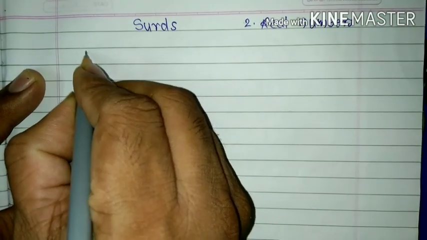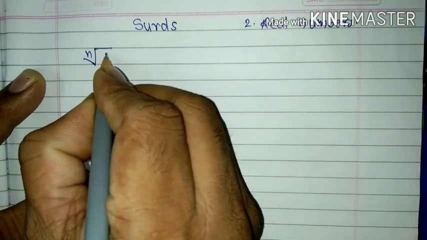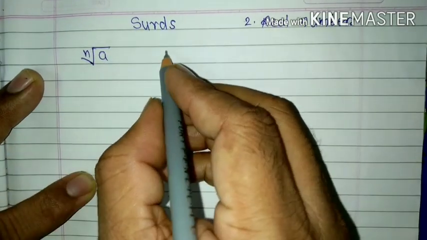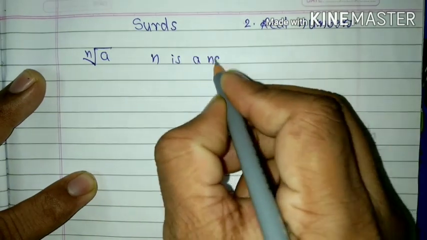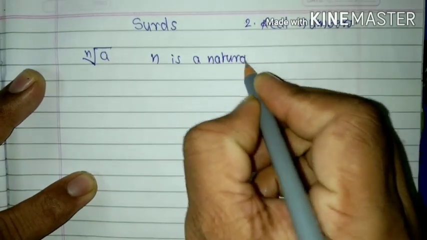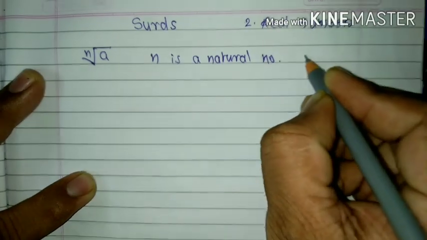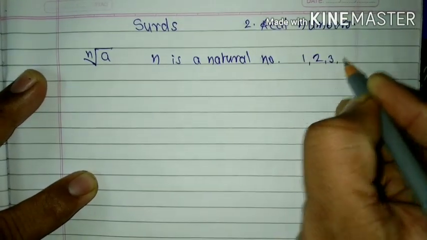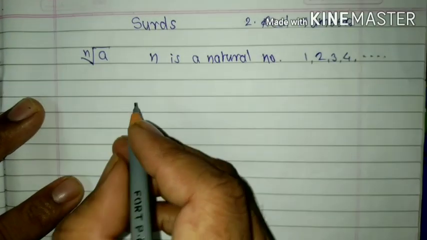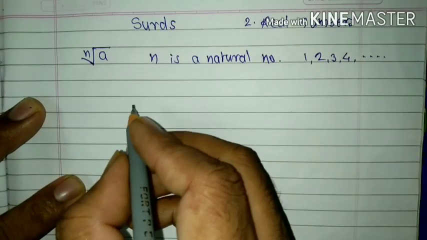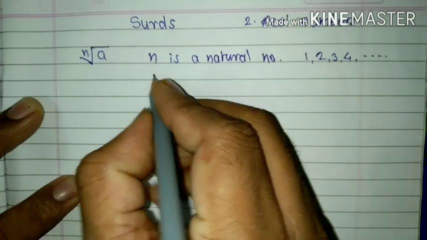Suppose the number is the nth root of a, where n is a natural number. We know that natural numbers start with 1, 2, 3, 4 and so on, and a must be a positive rational number.